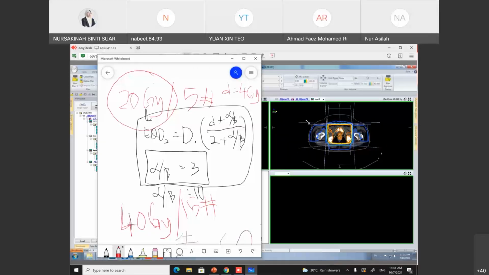So usually, if the EQD2 dose for OAR is higher compared to tumor, do we knowingly use that?